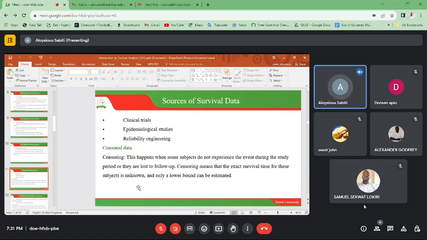So we want to look at some of the sources of survival data. We look at clinical trials, epidemiological studies, and reliability engineering. In clinical trials, this is subjecting individuals to certain studies that want to give a clinical result.